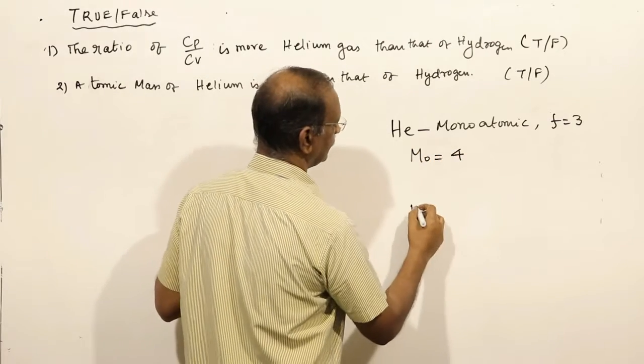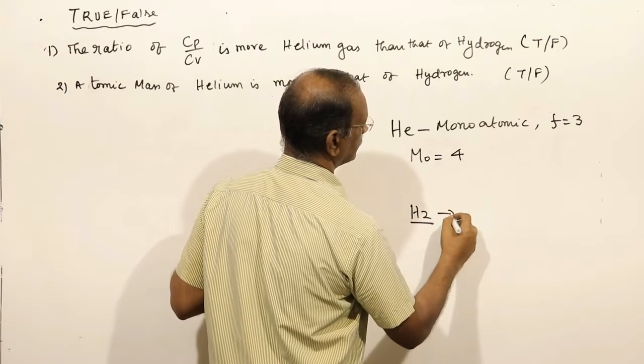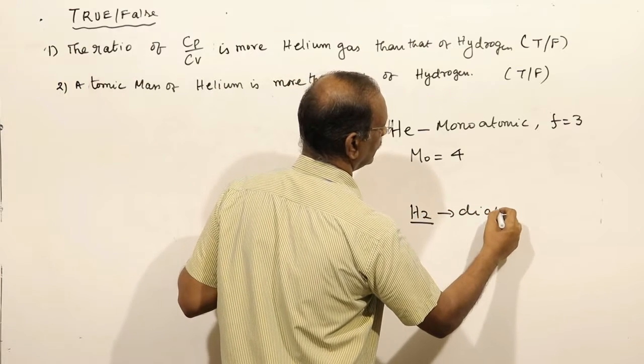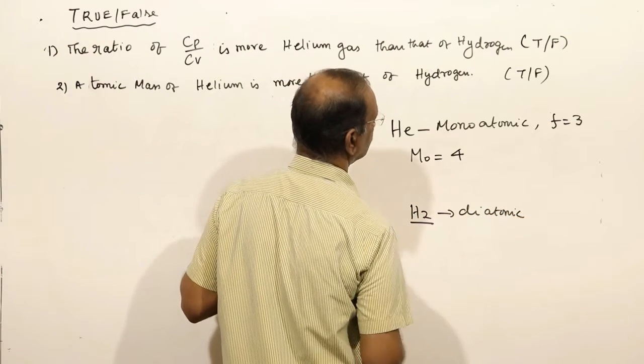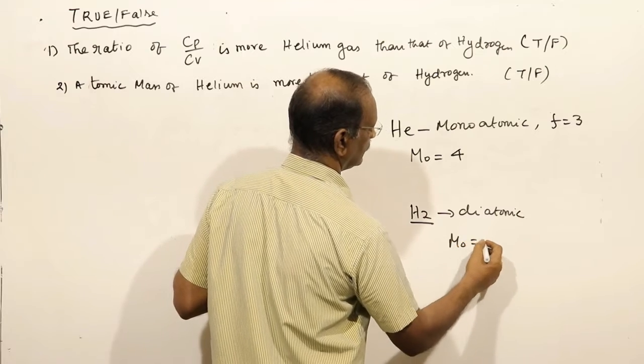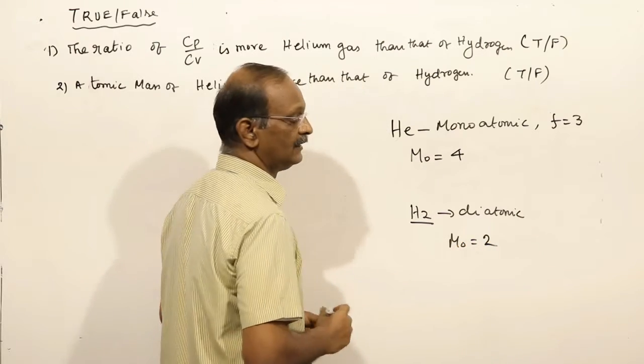And hydrogen is diatomic and its molecular mass is equal to 2.